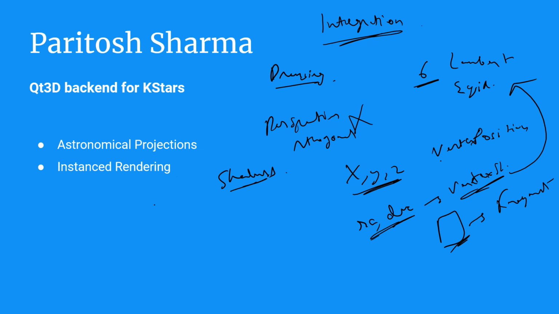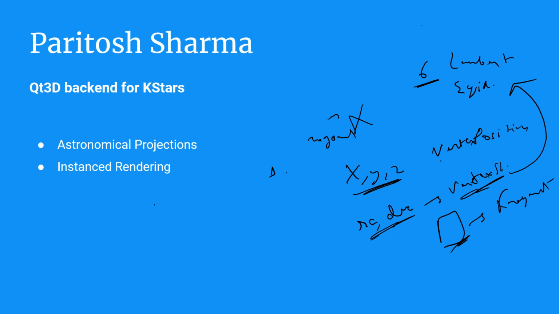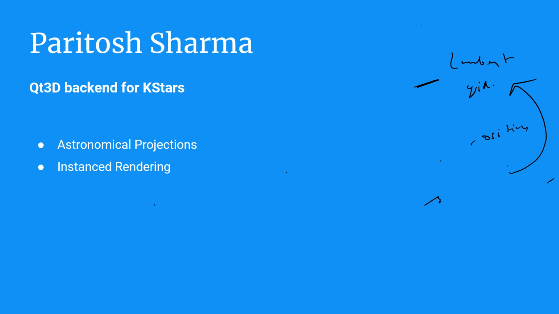The second problem is related to instance rendering. KStars can have a lot of stars or a lot of sky objects, and we can't draw all of them individually by giving separate buffers every time we send shader info to the graphics card.